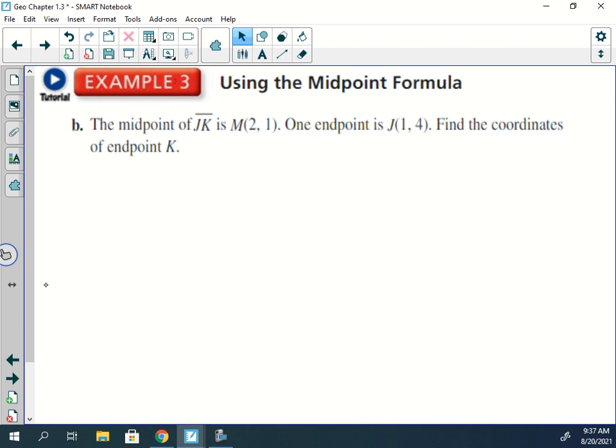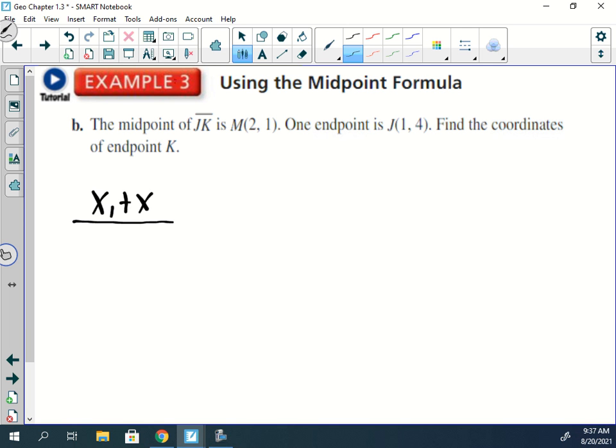Using the midpoint formula. The midpoint of JK is M(2, 1). Okay, that's different. Why is that? So it already told us the midpoint, yes? So that means, well, my midpoint formula for the x's was x1 plus x2 divided by 2. If I plug that in, I got the midpoint for the x value, yes?